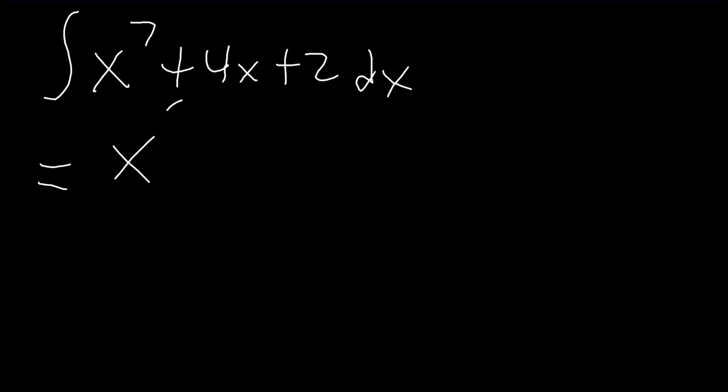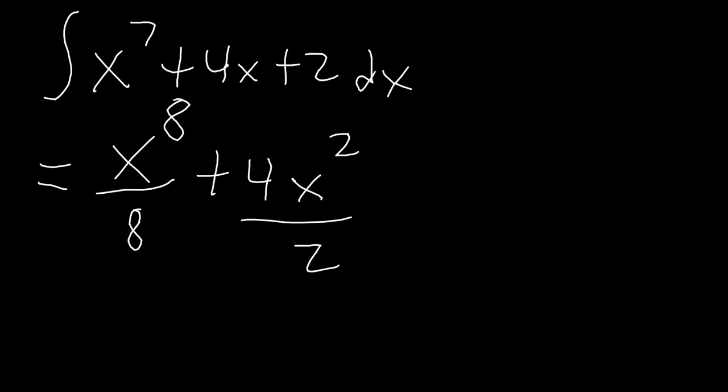So we're going to have x to the 8 over 8, because you add 1 to the exponent and divide by that new exponent, plus 4x squared, add 1 to the exponent, and then divide by that new exponent. And then for constants, you just add an x to the end, and then you add your constant c.